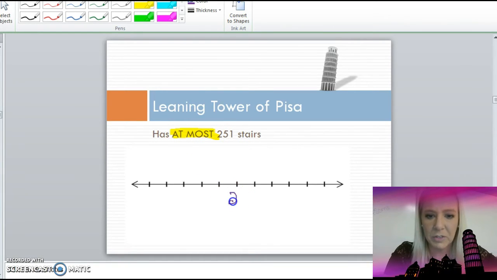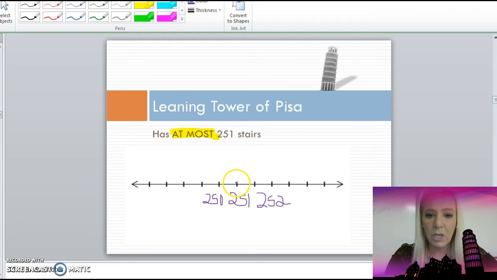If I were to graph this on a number line, I could start at 251. Next comes 252. And 250 comes right before 251.